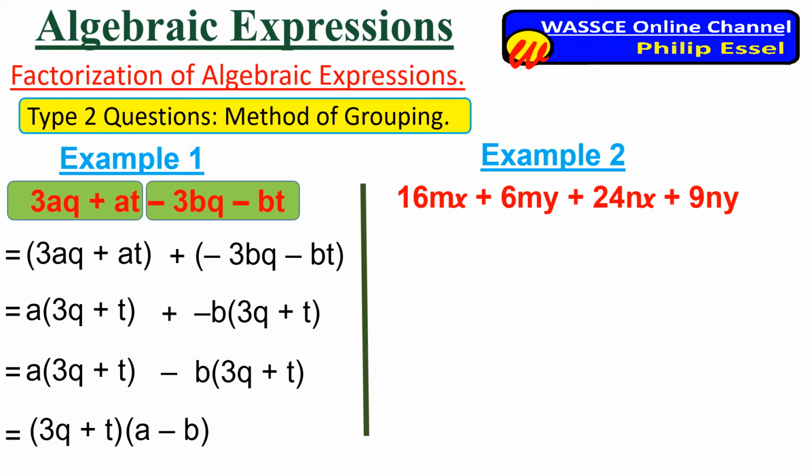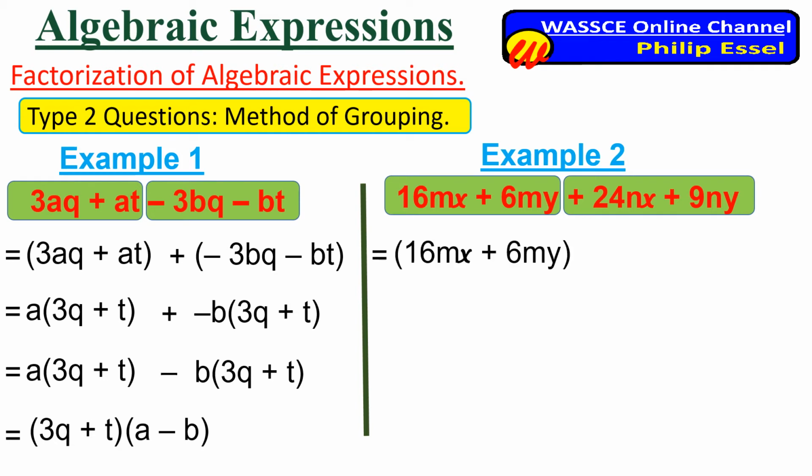As usual, we'll divide the expression into two groups. We'll put the first group into one bracket, and we would get 16mx plus 6my, all of them in one bracket.